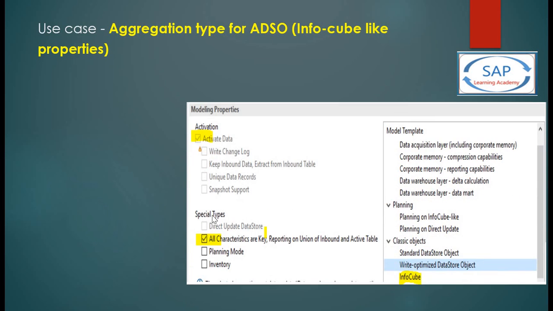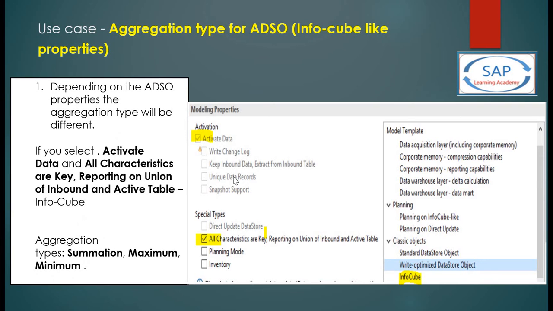In this case, if you select the type InfoCube, it will be selected as all characteristics are key, reporting on union of inbound and active table. Here it will only allow summation, maximum and minimum. It will not allow the override.